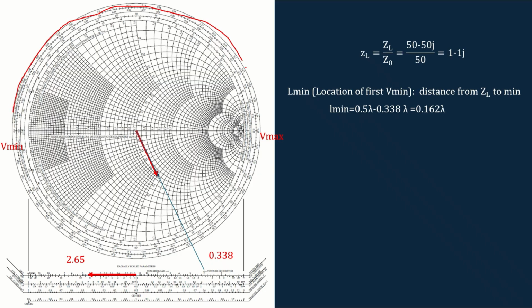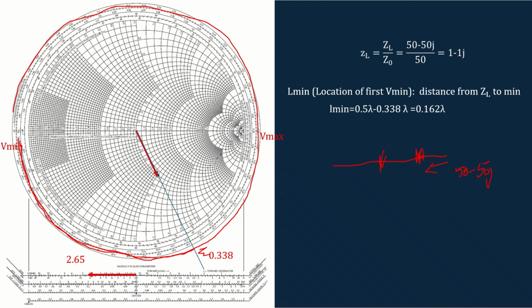So the rotation is like this. So if you rotate like this, you can see that this is my load impedance, and if I rotate through this line, you can see that V minimum comes before V maximum. So in this transmission line, when the reflection occurs from 50 minus 50J load, the V minimum will be occurring first, and then comes the V maximum.